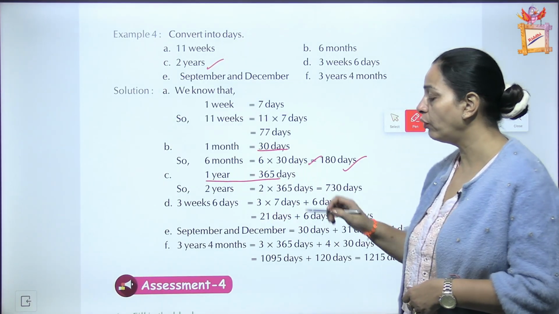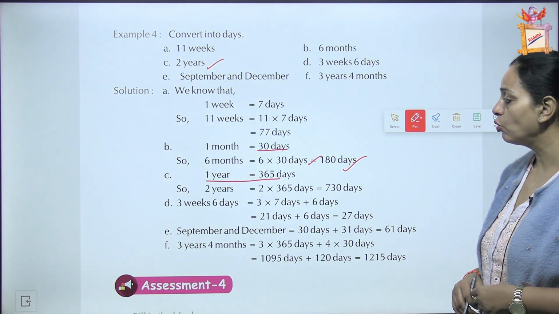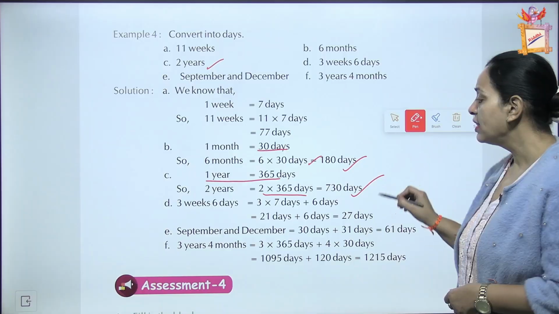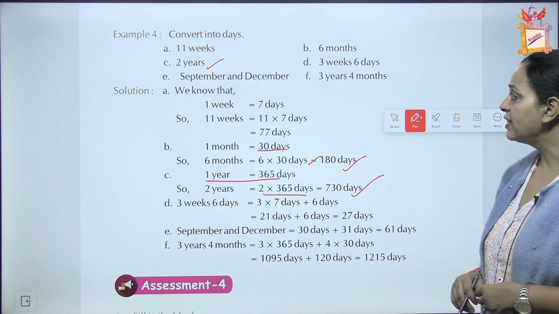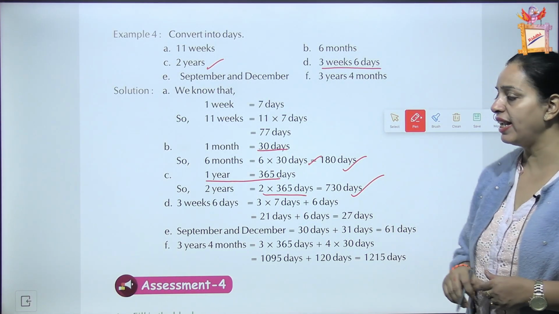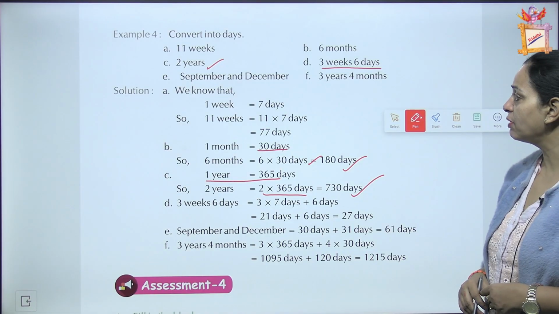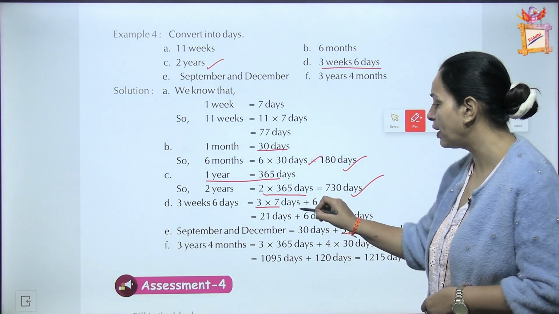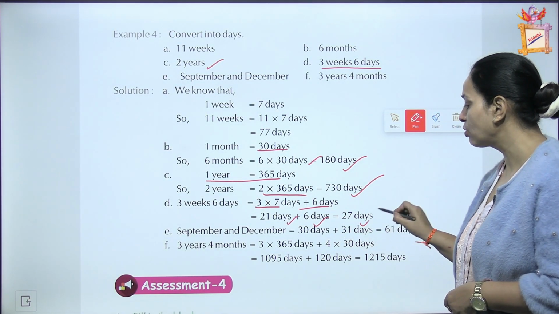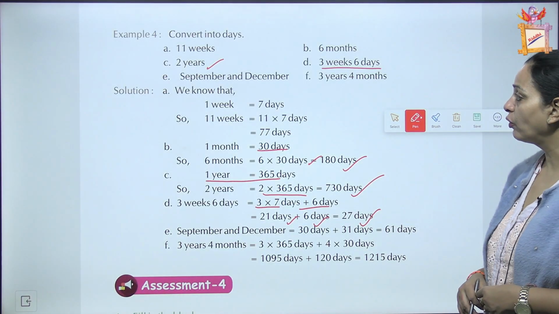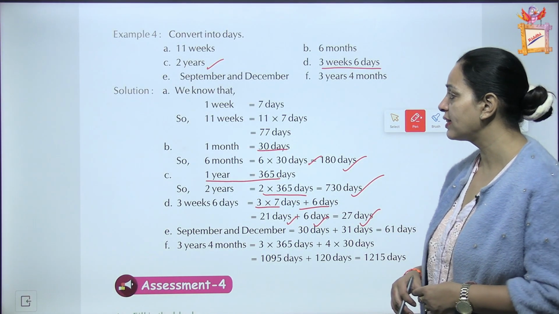Now the C part is 2 years. So 1 year we know 365 days. So 2 years means multiply by 2, 730 days. D part 3 weeks 6 days. So 3 weeks 6 days means 3 multiply 7 plus 6. 21 plus 6, 27 days. Now the next is September and December.